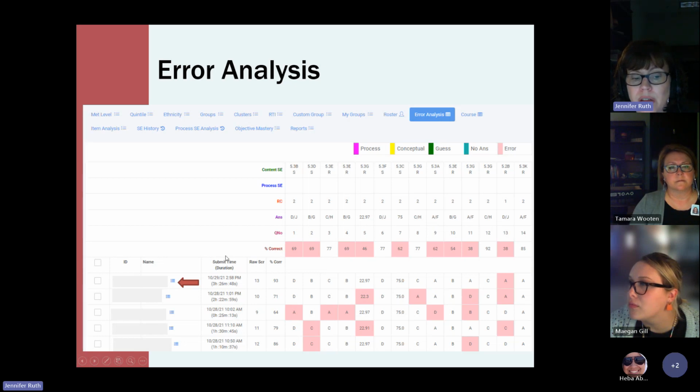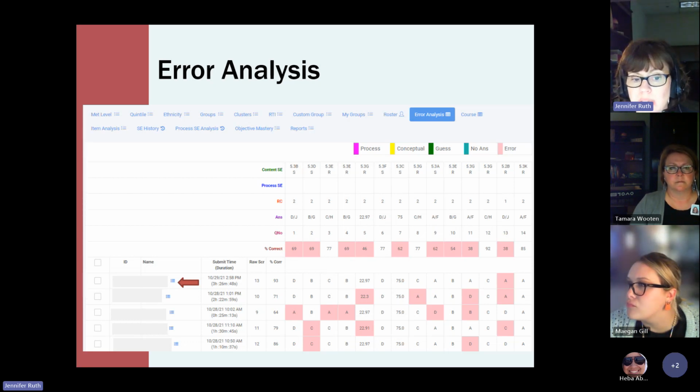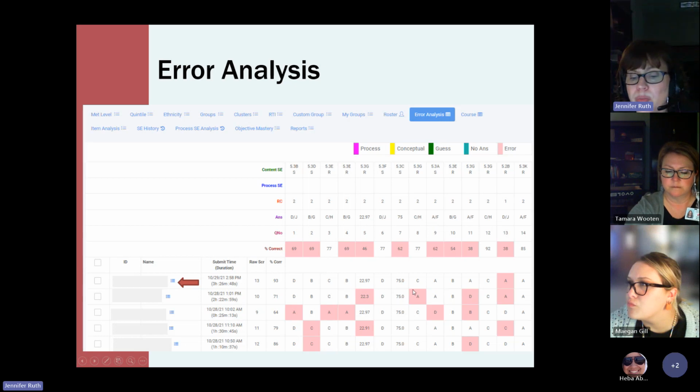It shows how long they took to take the test. Now that piece is being worked on right now. It was not functioning correctly, but they're working on that duration piece to make sure that it's accurate. So you'll know how long a student took to take the test. You'll see the raw score and the percent correct. And then you'll see what the student put for each of the answer choices.